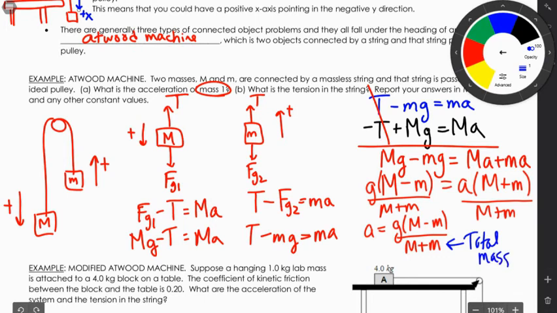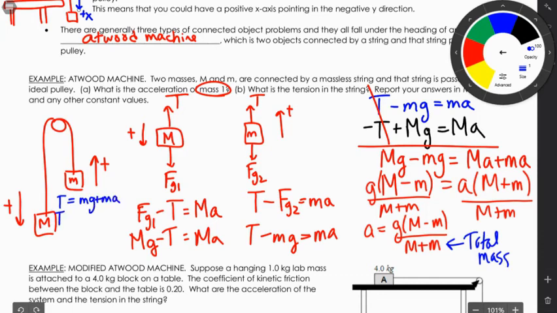Okay, now I don't know if I left myself enough room to find the tension. So now I'm going to take that and plug it into one of my other equations, right? So I'm going to say T equals little mg plus little ma.